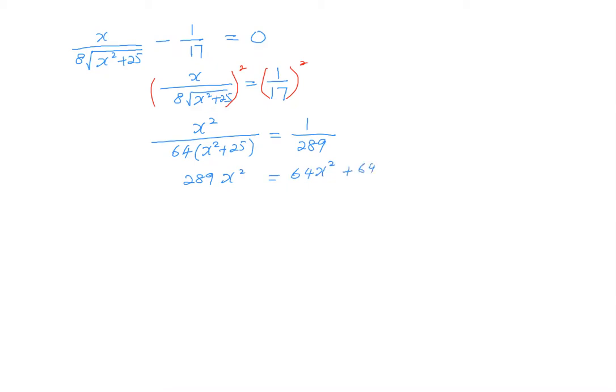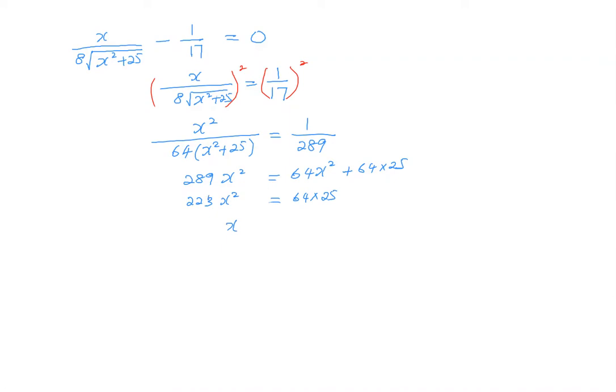If I don't have a calculator, I don't have to calculate. Okay, so then you can get the answer already. 289 minus 64 is 225.